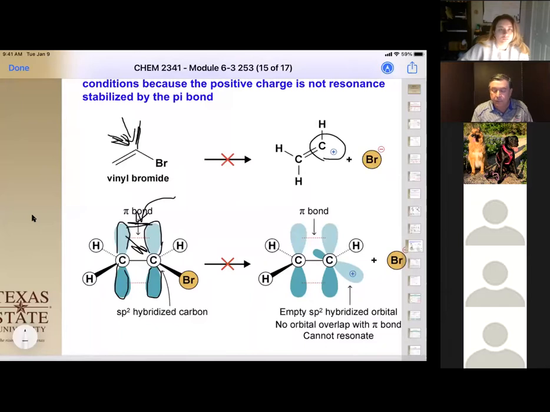And we're not going to break this bond to create this system because that cation is in an sp2 hybridized orbital, and the pi bond is still intact. Remember, when we formed the regular carbocation, it was an empty p orbital. This is an empty sp2 orbital, and it's not very stable, and it does not form.